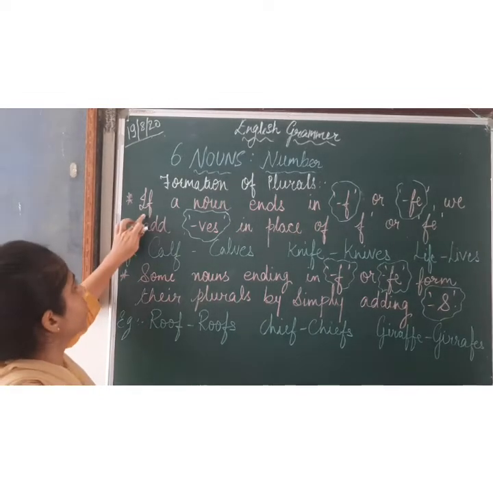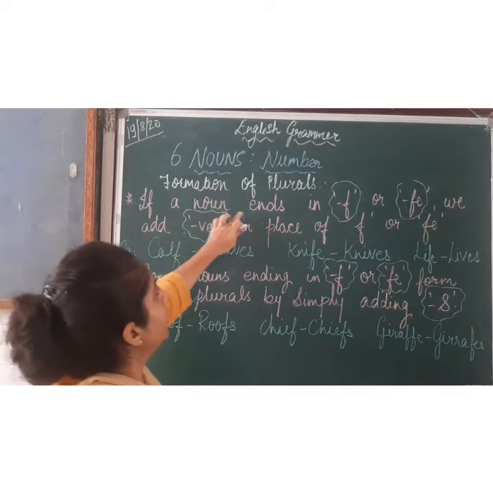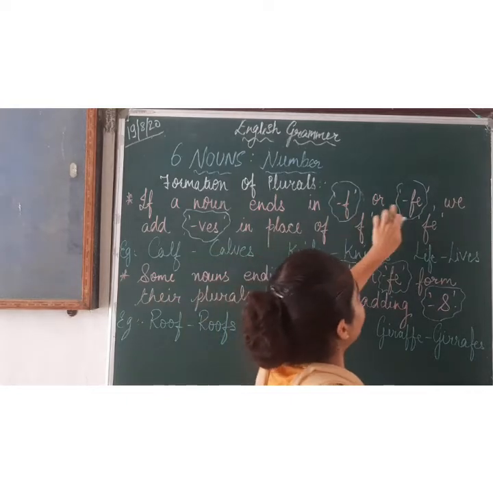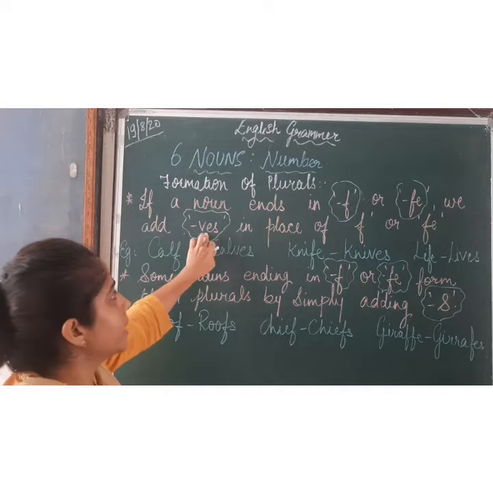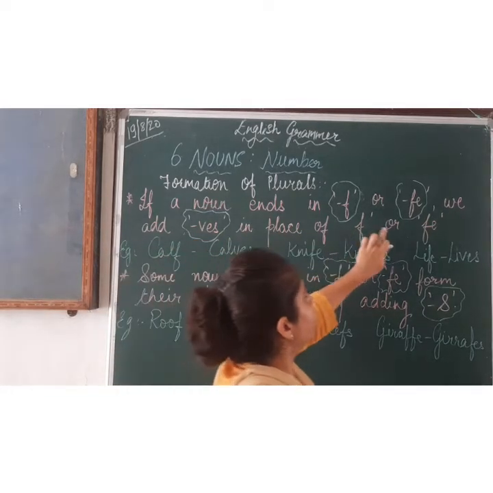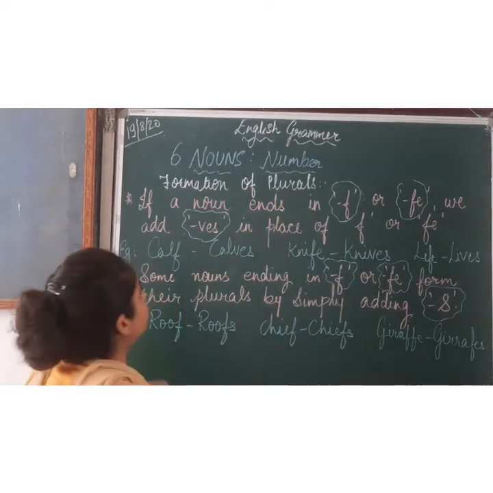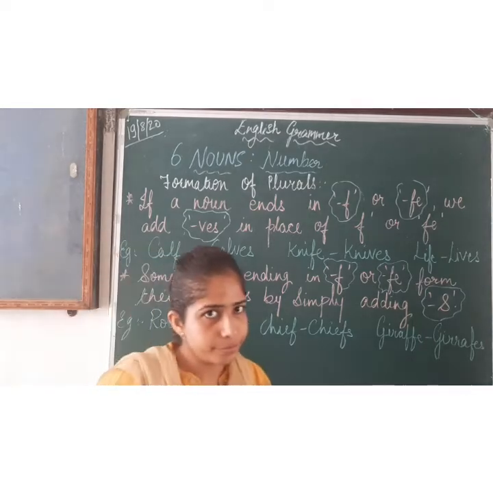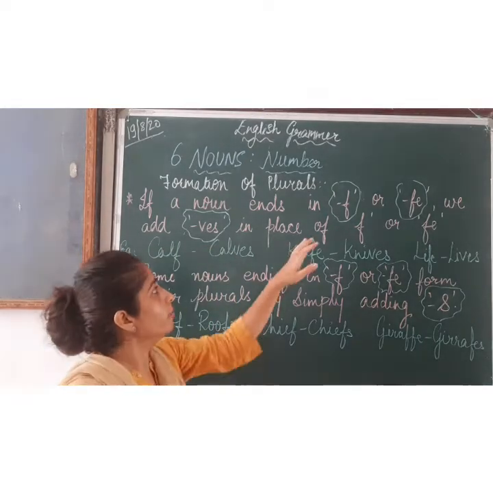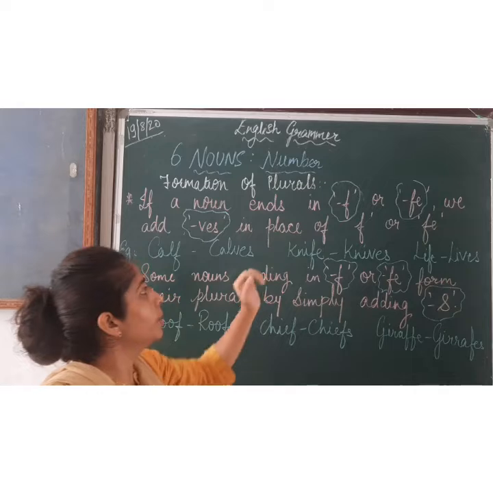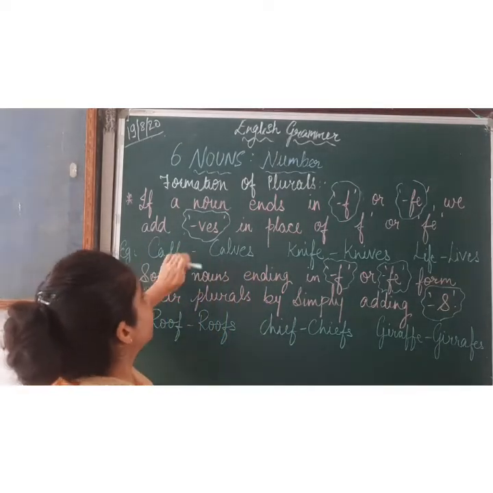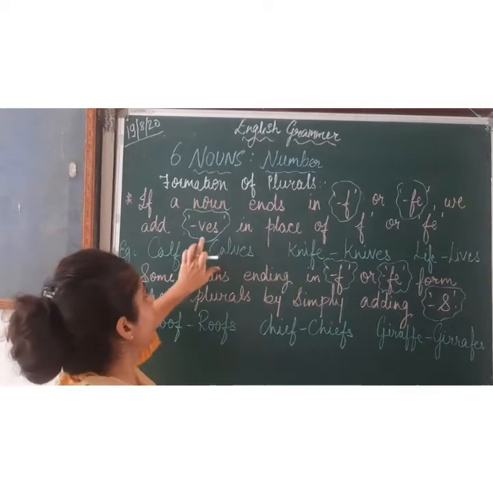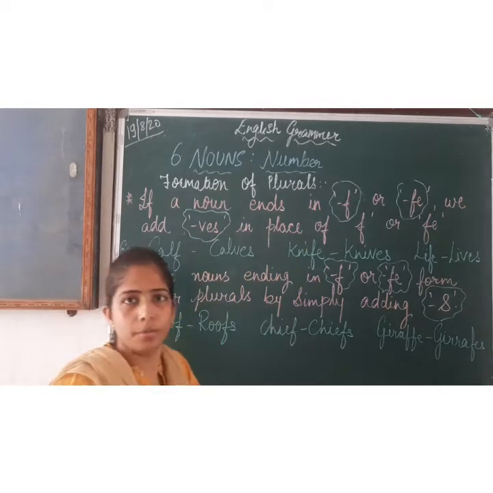Now see, the next one is if a noun ends in f or fe, we add ves in place of f or fe to make it plural. For the words which finish with f or fe, we will replace f and fe with ves to make it plural.